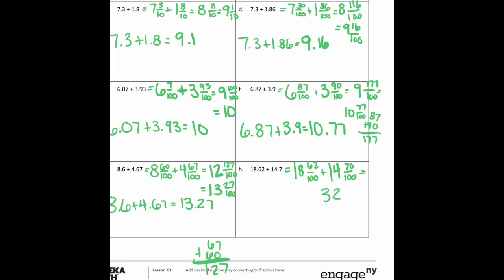And then 62 hundredths plus 70 hundredths is going to give you, I believe, let me check down here, 132 hundredths. So if I take out 100 hundredths to get to the next whole, I'd have 33 and 32 hundredths. So in decimal form, it'd be 18.62 plus 14.7 equals 33.32.